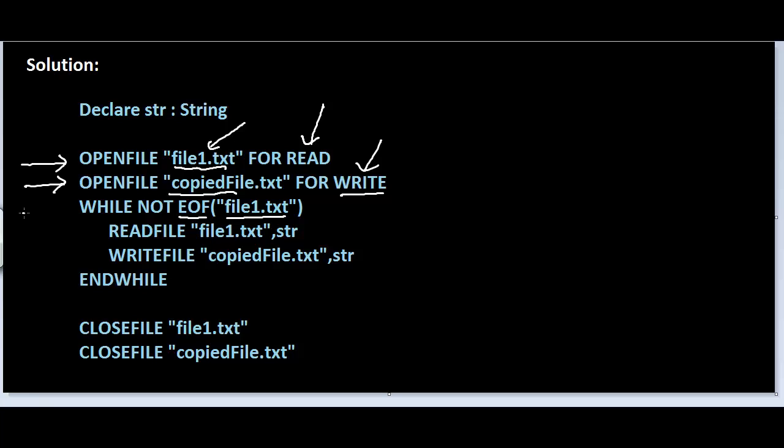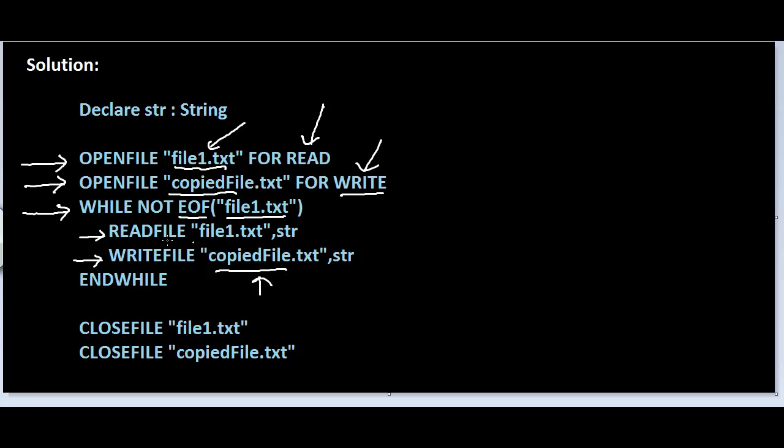So as long as we have not reached the end of file for file 1, we are going to keep reading our lines, and then once we have read the line, we are going to use the write file instruction to write our line into this new file, copied file.txt.